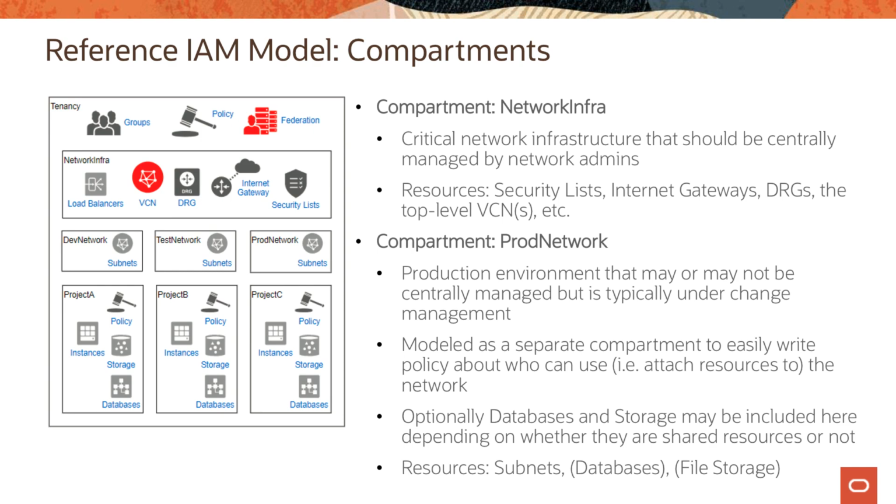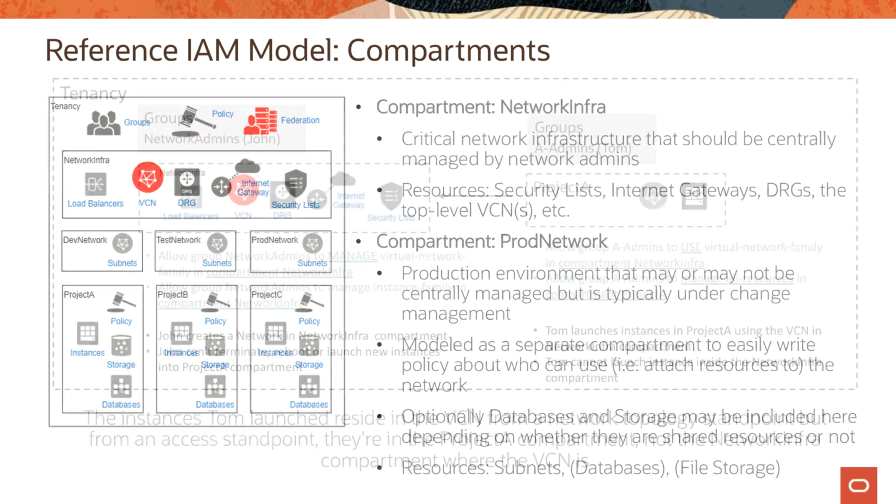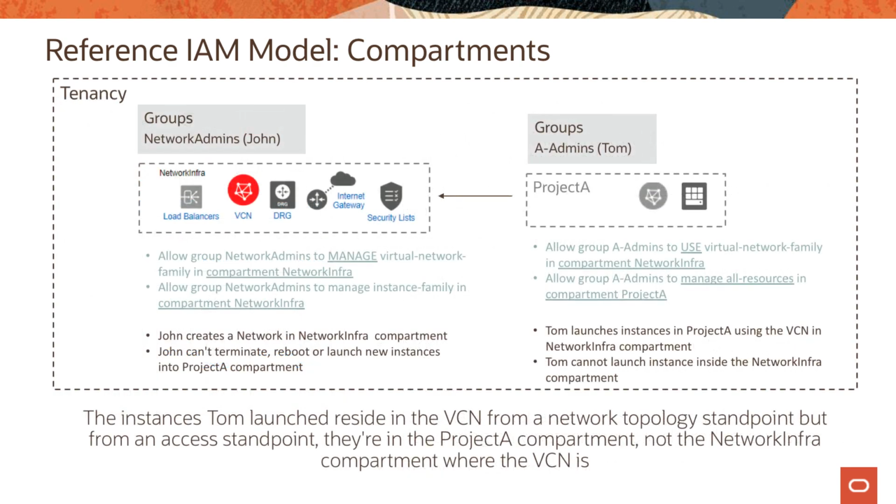With this example in mind, let's see what happens when there is the compartment called network infra in the previous picture, and a compartment called project A, and there are now policies written such that there are two policies written on a group called network admins.